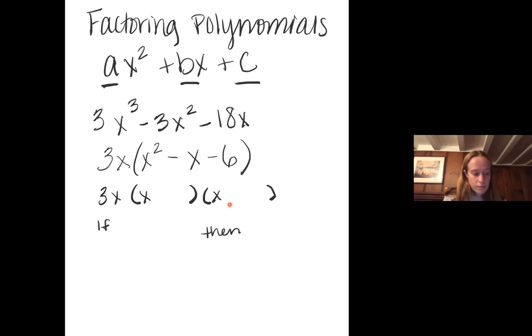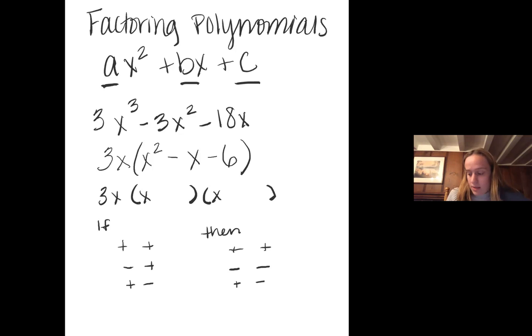So if we start with plus, that will lead us to plus. We start with minus, that'll lead us to minus. We start with plus, that will lead us to plus, minus.